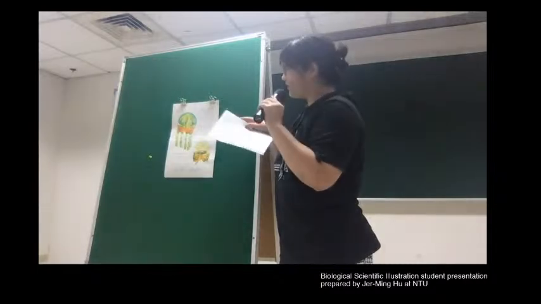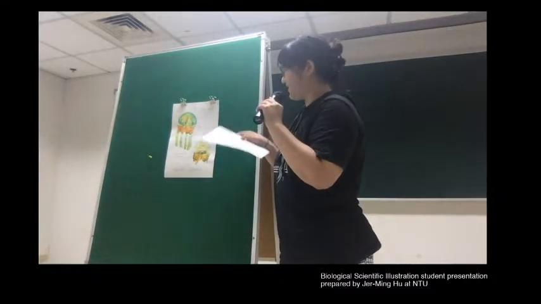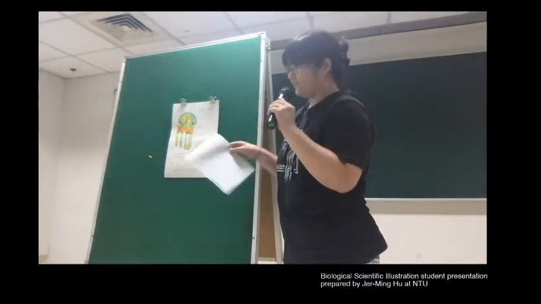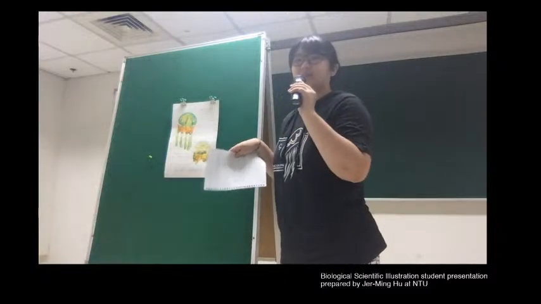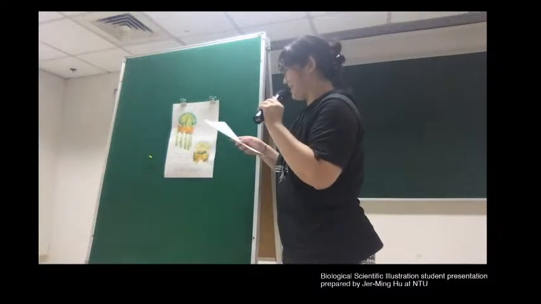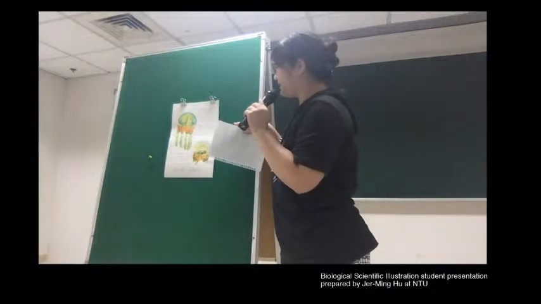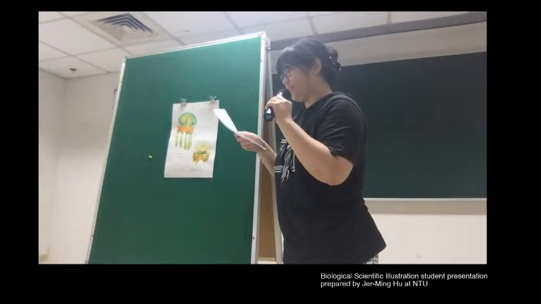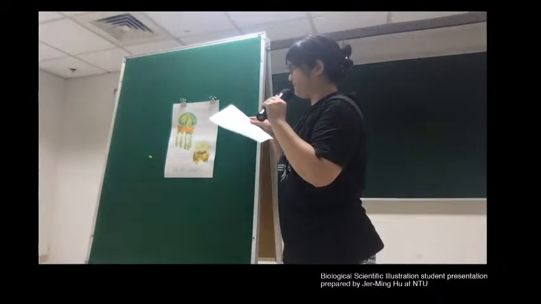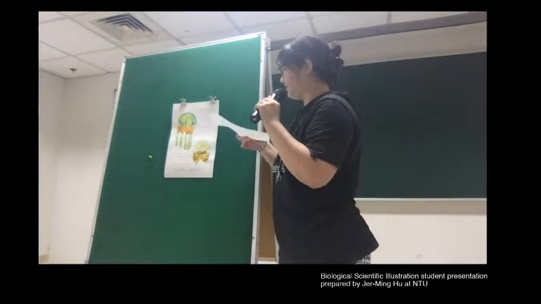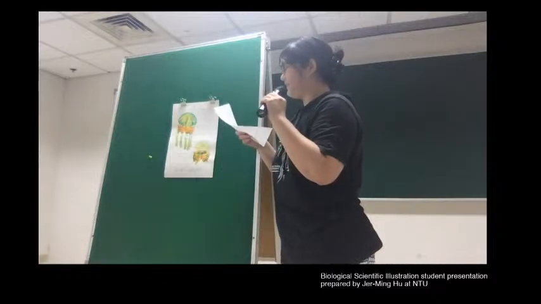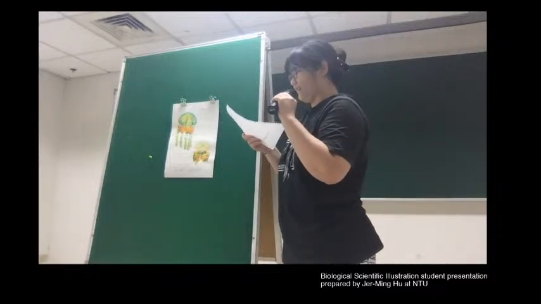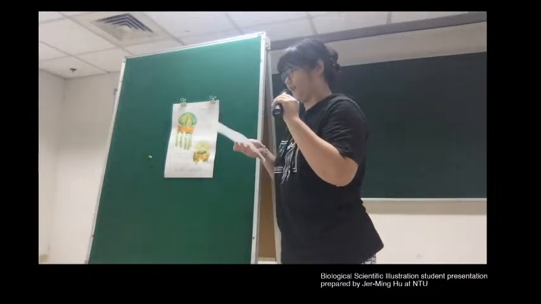I want to show the differences between the ancestor and the most well-known species of the jellyfish lake. The upper one is Mastigias papua, the ancestor. Many studies say that this is most likely the one that looks like the species we find in the ocean around Palau today.